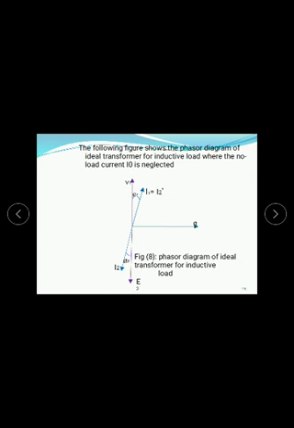Here I2 dash by I2 is equal to I1 by I2, that is equal to N2 by N1, that is equal to K.